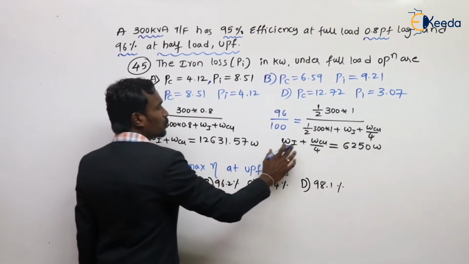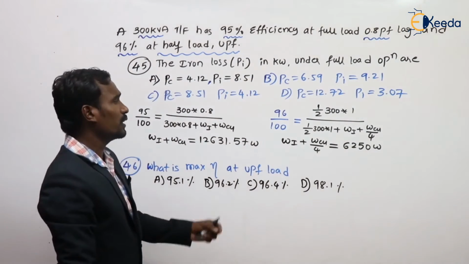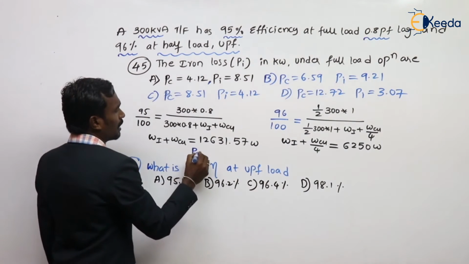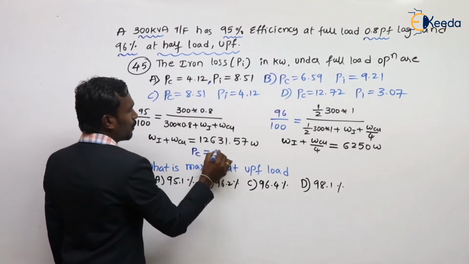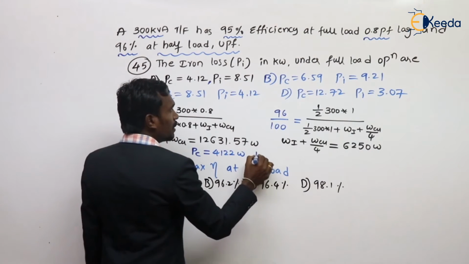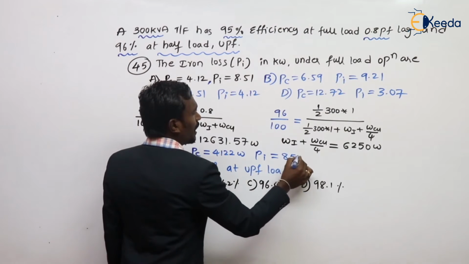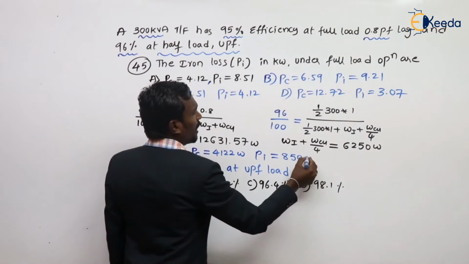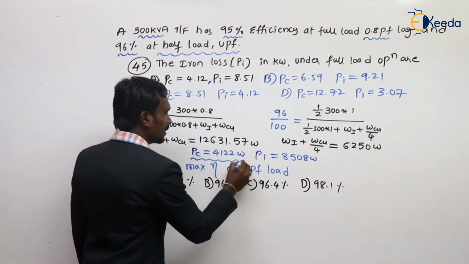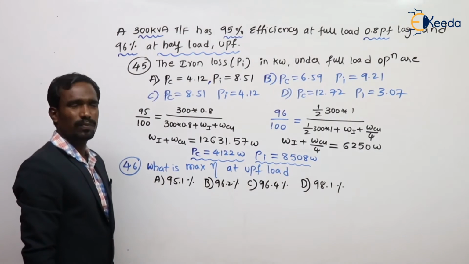By solving these two equations, you can get copper losses of 4122 watts and iron losses of 8508 watts. You got these two values, approximately.